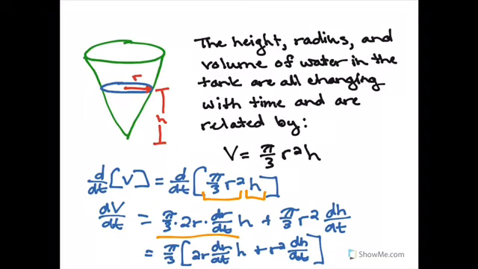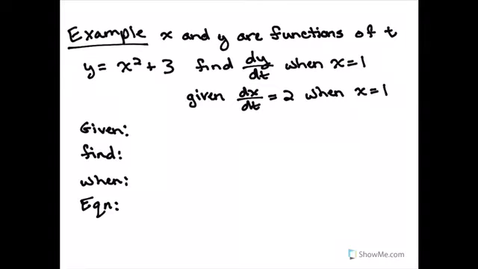And so that's the type of situation we're going to be working with now, and then we're going to be given information about some of these quantities, and we're going to find information about some of these quantities. So let's start with a really easy one, okay? This one, I'm not even giving you a geometrical situation.